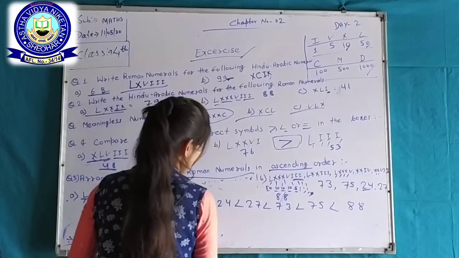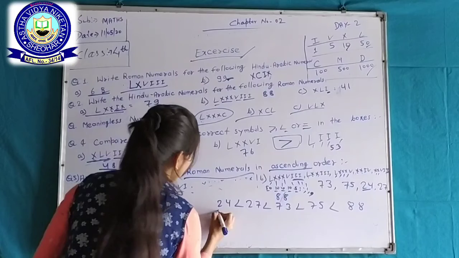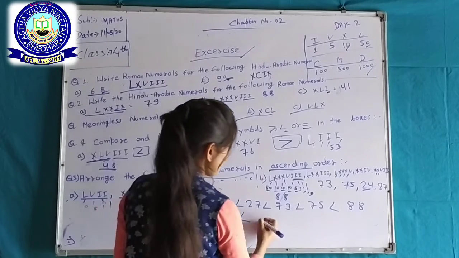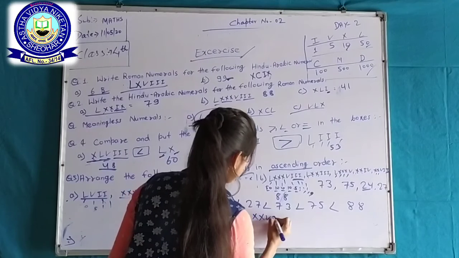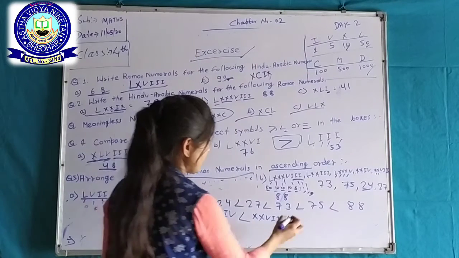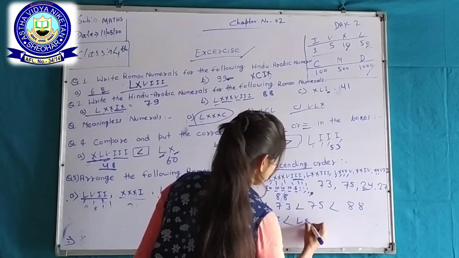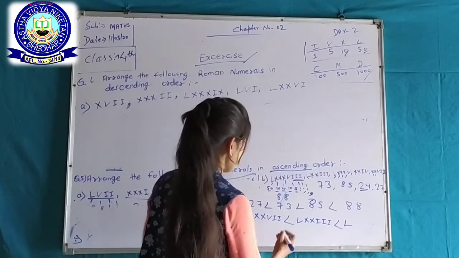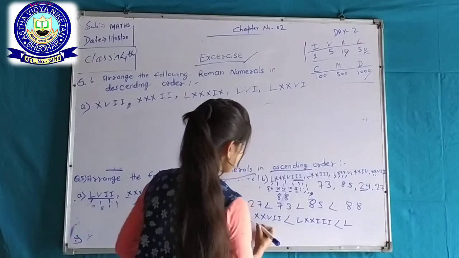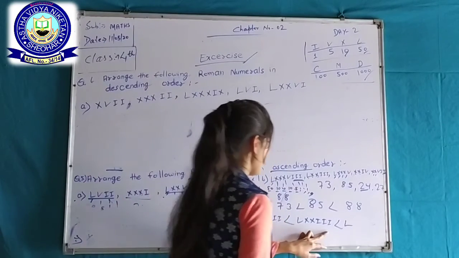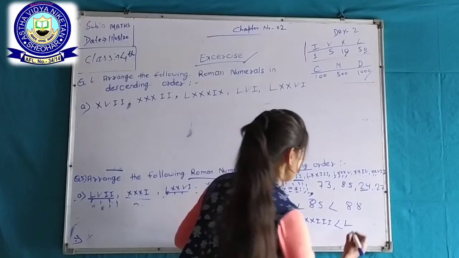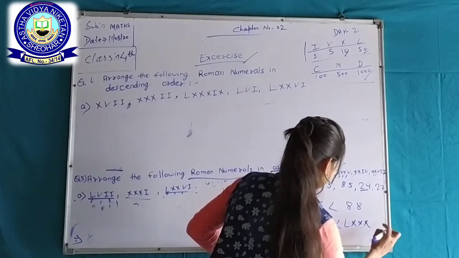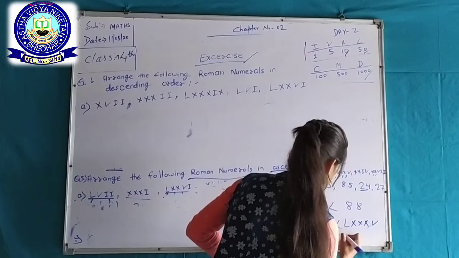And the value of 24 in Roman numerals is double X, I, V. And the value of 27 in Roman numerals is double X, V, double I. And the value of 73 in Roman numerals is L, double X. 27 is smaller than 73, and 73 is smaller than 85. 85 in Roman numerals is L, triple X, and V, and 85 is smaller than 88.